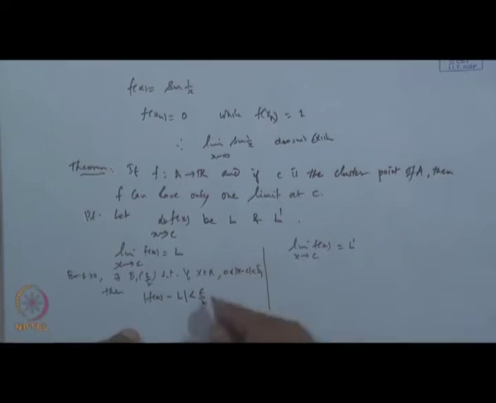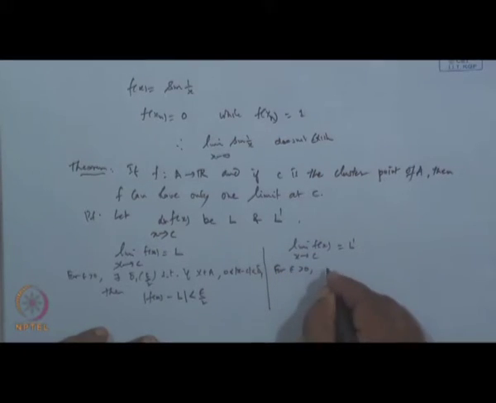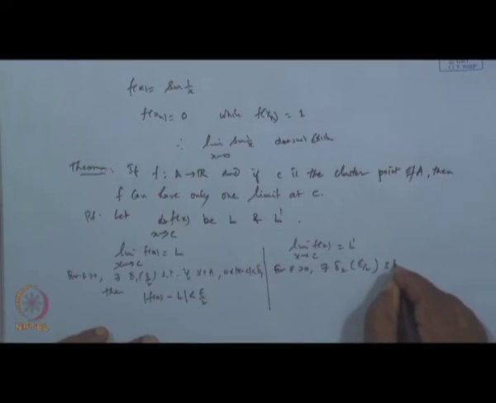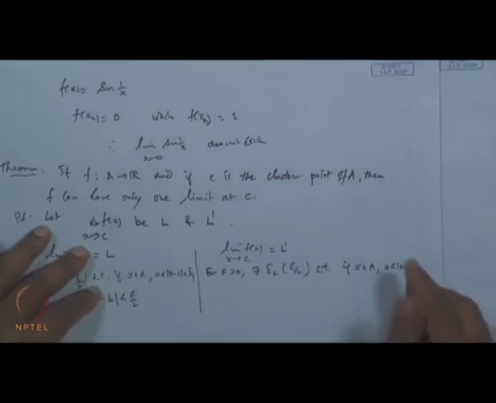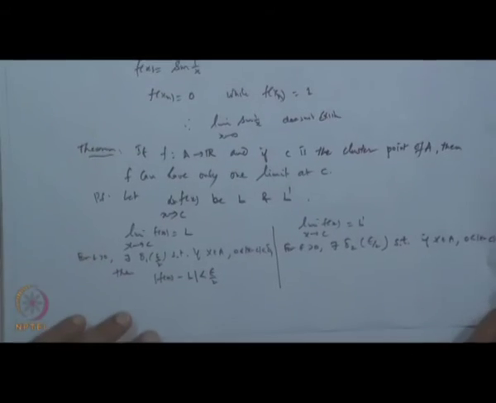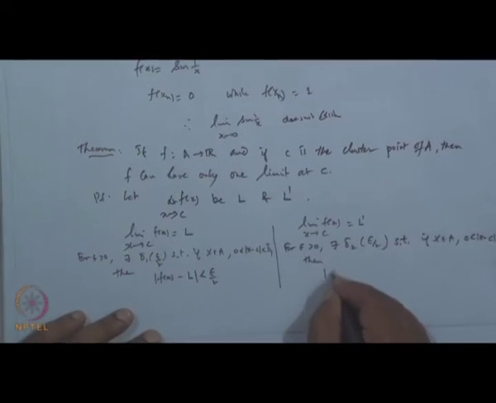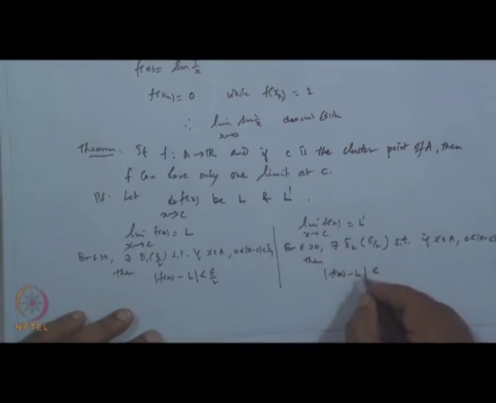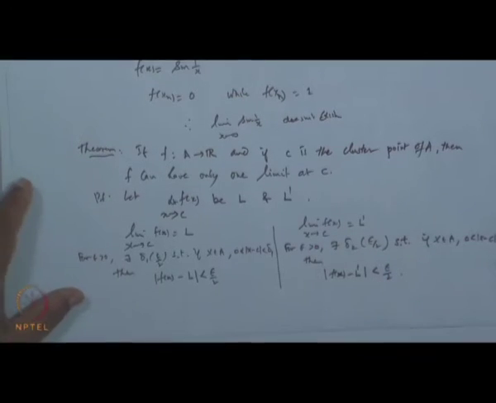Similarly, for the same epsilon greater than 0, there exists a delta 2, which depends on epsilon by 2, such that if x belongs to A and mod x minus C is less than delta 2, then mod of f x minus L dash is less than epsilon by 2 for all such x.